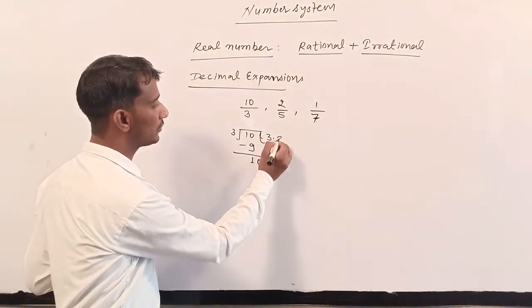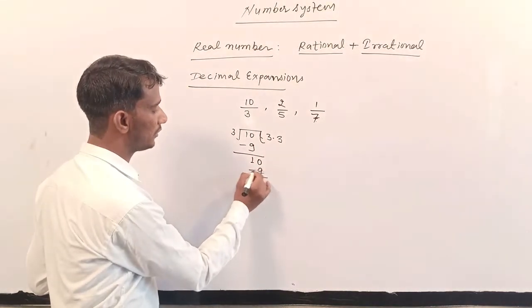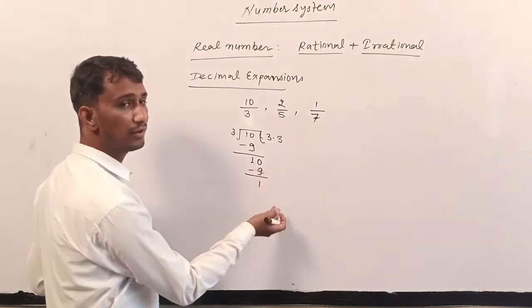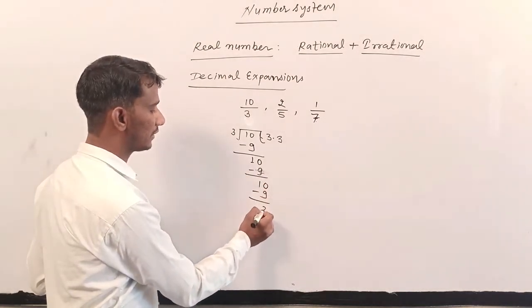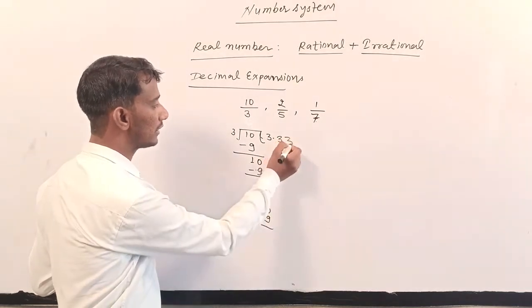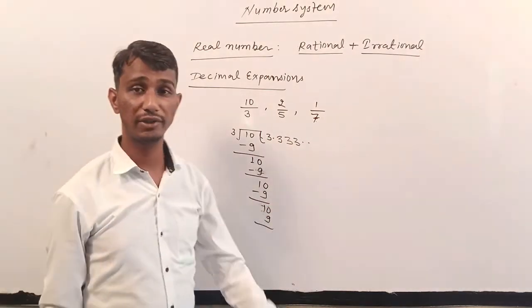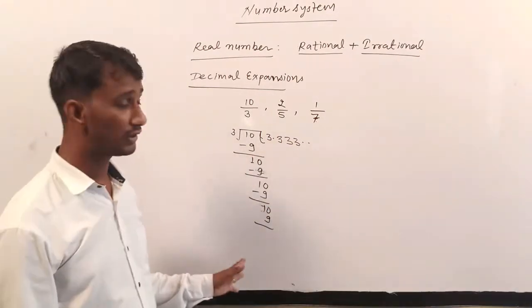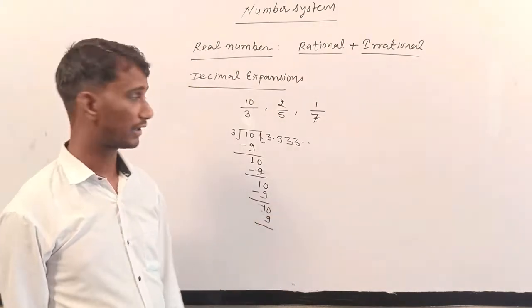Again dividing, 3 threes are 9, remainder again 1. Bring down 0 again. The division is not completed. This is a long process.